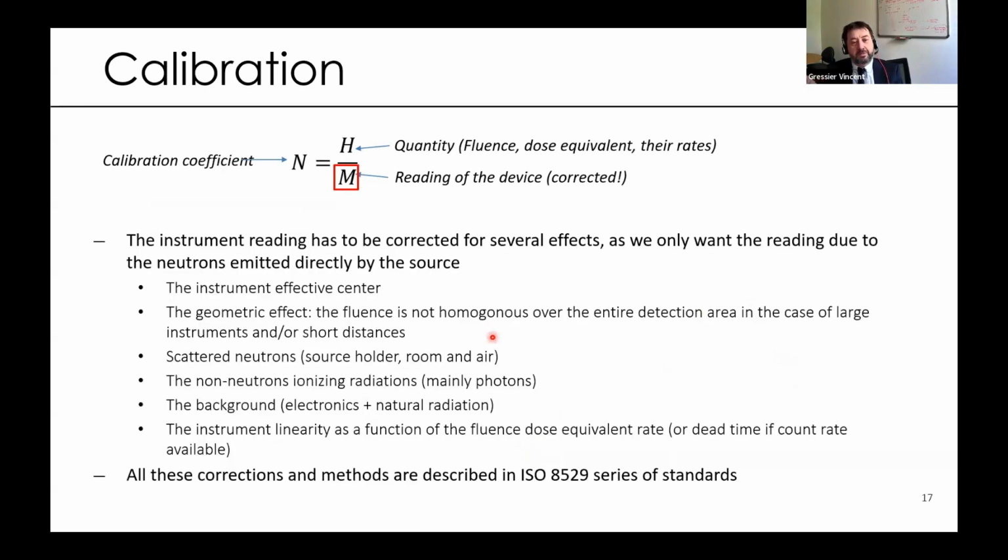So that's why what you will have to do to correct the reading of your device will be to take into account the instrument effective center, the geometric effect, because the fluence is not homogeneous over the entire detection area, to take into account the correction for scattering neutrons, the non-neutron ionizing radiations will have to be removed, the background will have to be removed, and you will have to be sure that you correct for the instrument linearity as a function of the fluence or dose equivalent rate, which could also be the dead time if you have the count rate available.